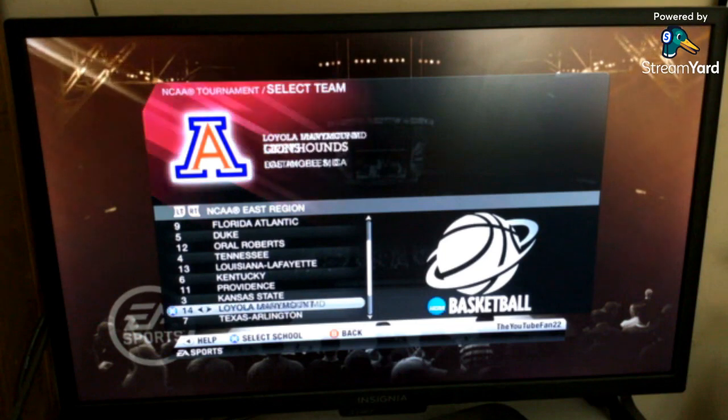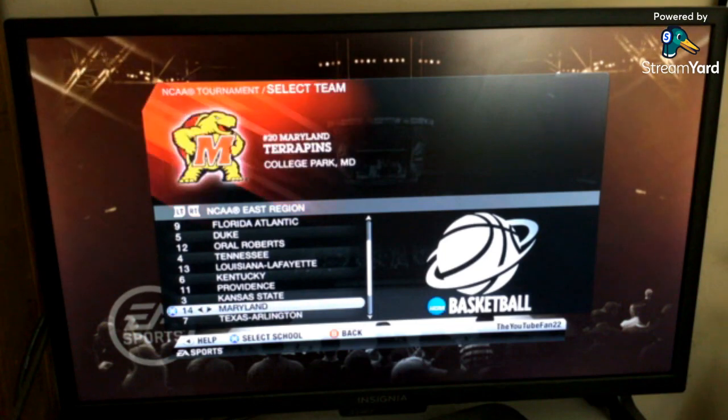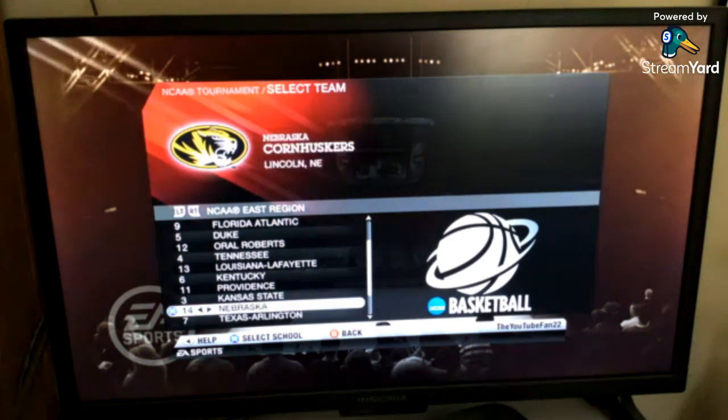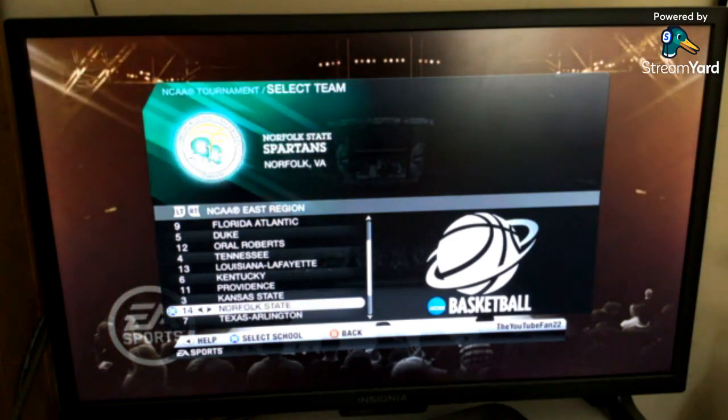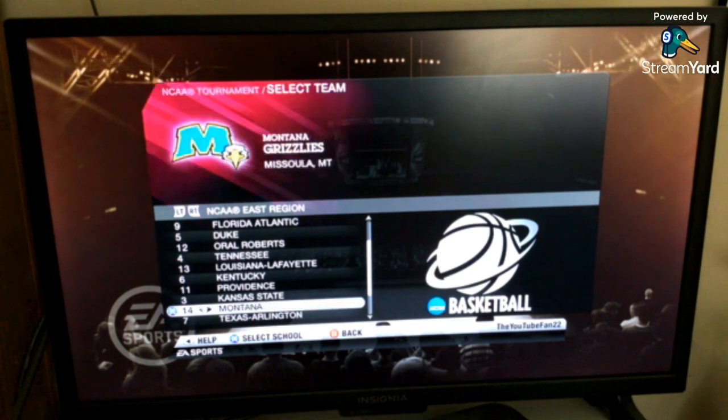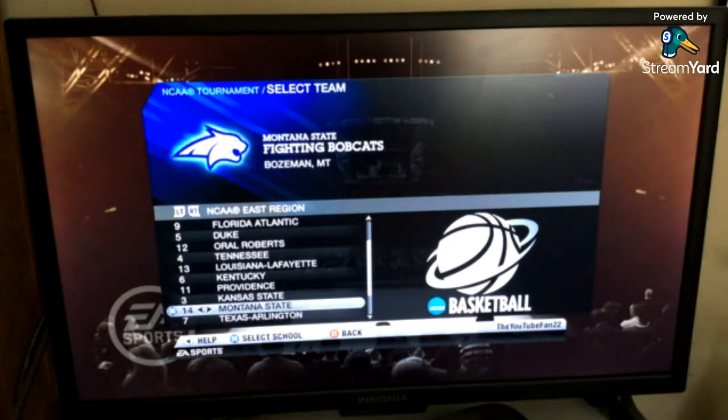Moving along, lickety split. I think I passed it. There's Montana State.